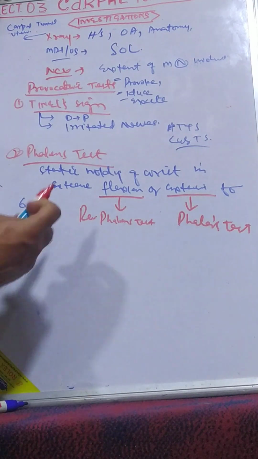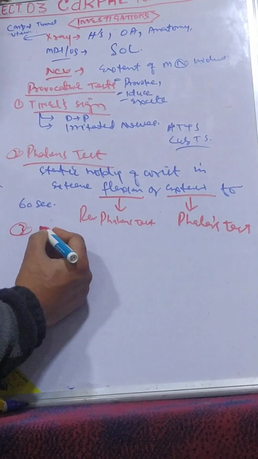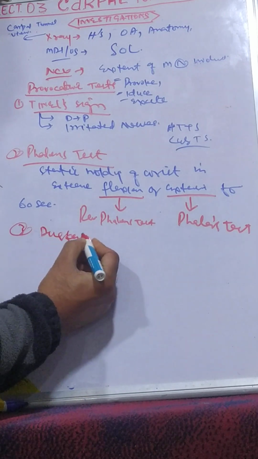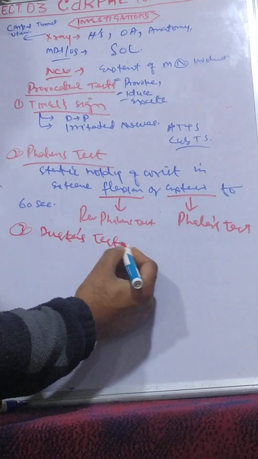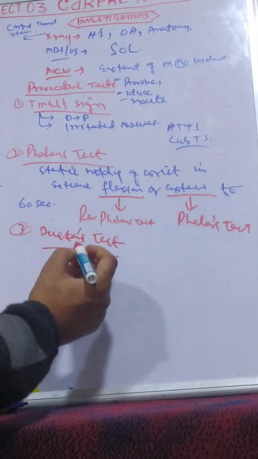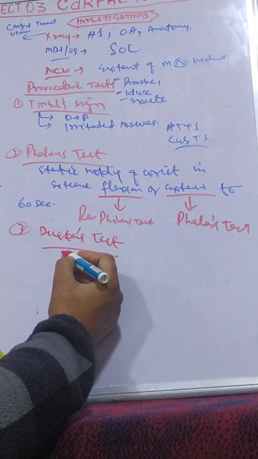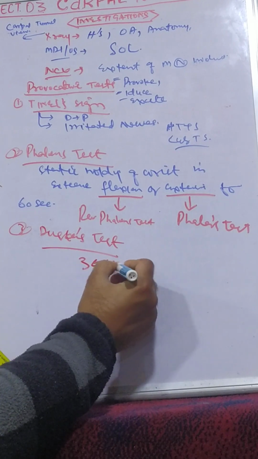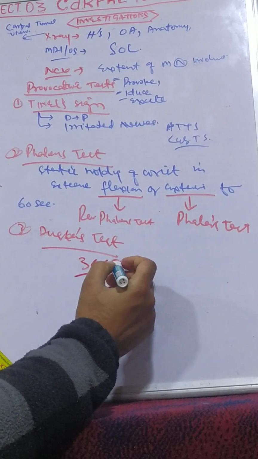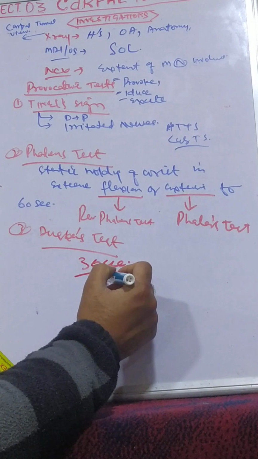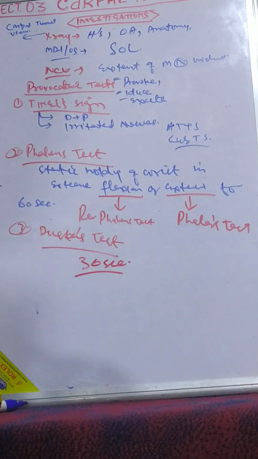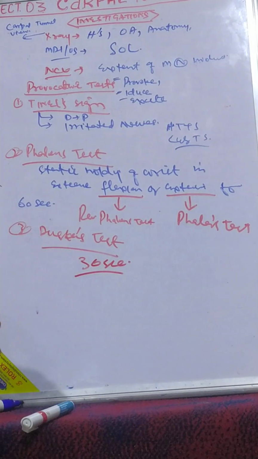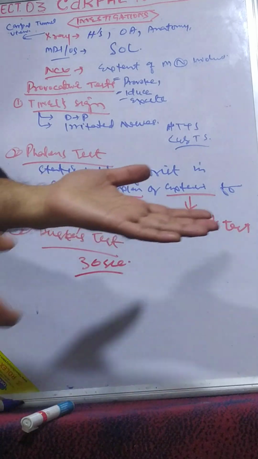Then another test, that is the Durkan's test. To compress the carpal tunnel just close to the proximal wrist crease for 30 seconds. If in this period the symptoms are provoked, then this is a positive Durkan's test. It is indicative of carpal tunnel syndrome.